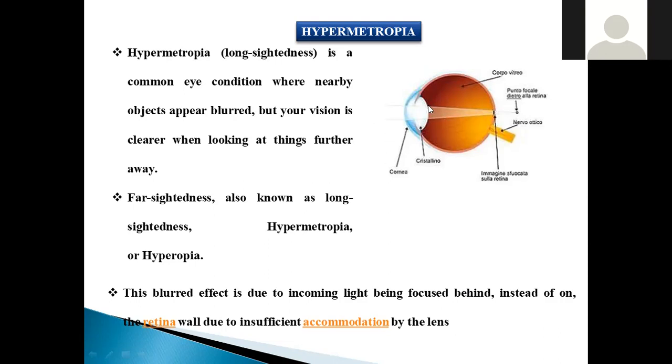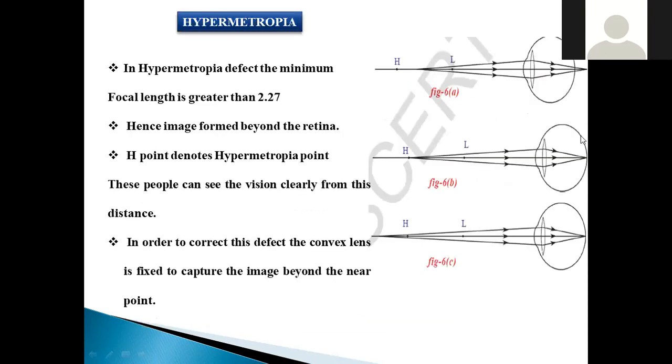Accommodation is nothing but adjusting the focal length in order to concentrate the light on the exact position of the retina. But lack of accommodation is possible. Instead of on the retina, the picture is formed behind the retina. That condition is said to be hypermetropia.